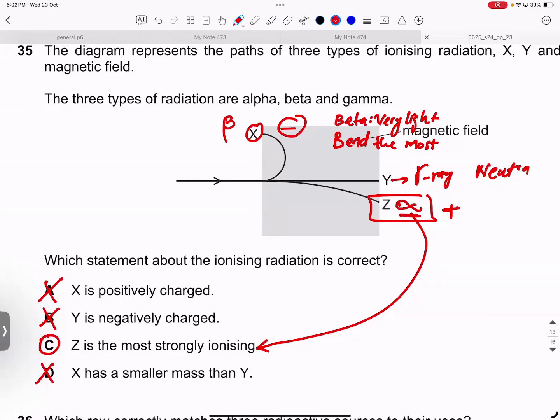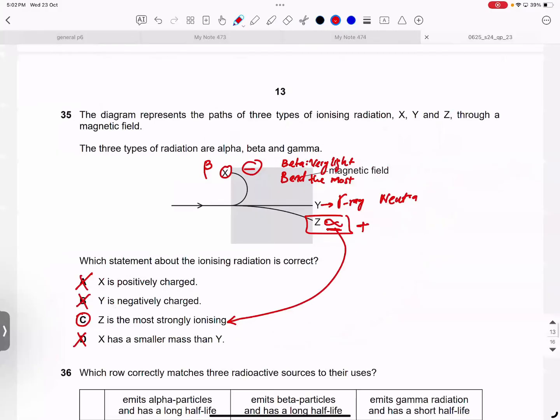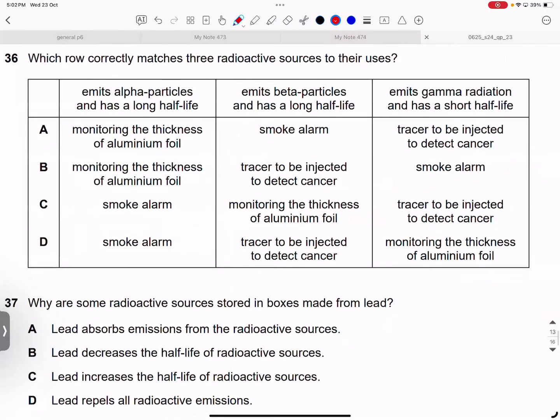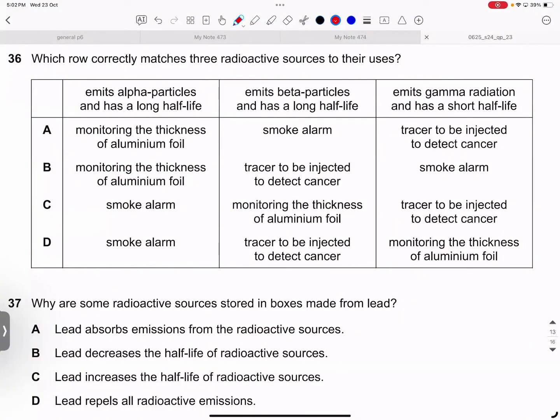Question number 36. Which row correctly matches 3 radioactive sources to their uses? Emits alpha particles and has long half-life. Now, where do we use alpha and for long? Mostly smoke alarms.